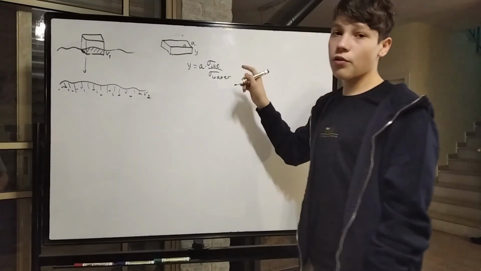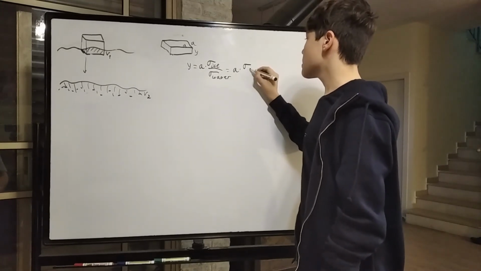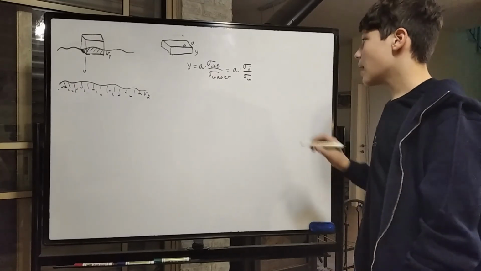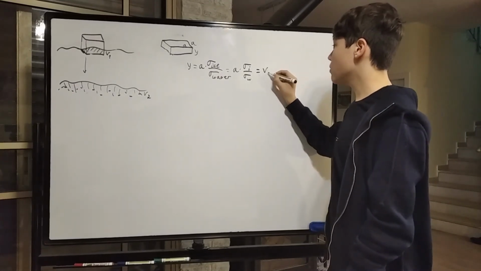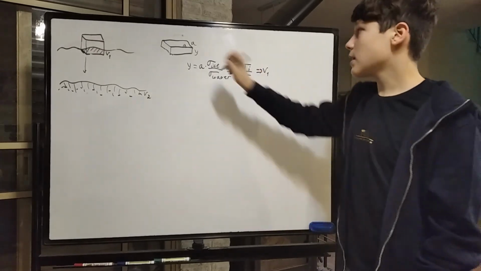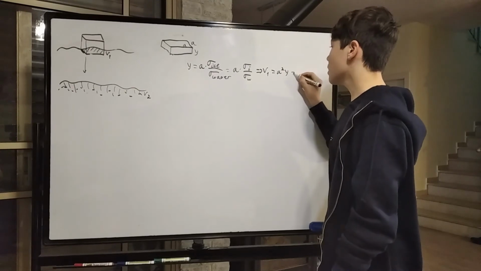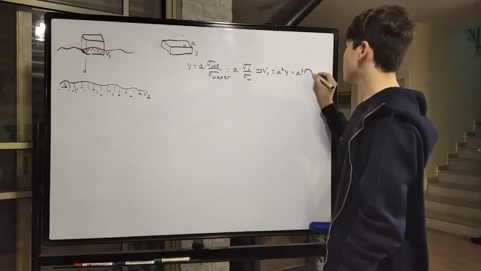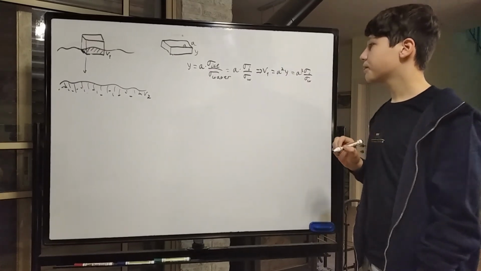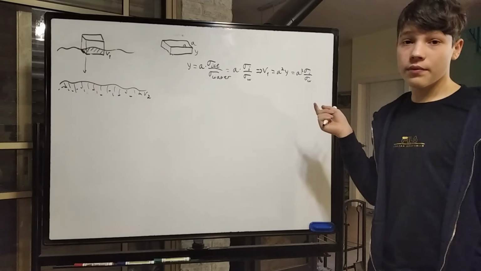And so I'll call this for short, sigma I divided by sigma W, which means that V1, which is just a times y, is equal to a squared y, which is a cubed sigma I over sigma W. So we easily calculated V1.